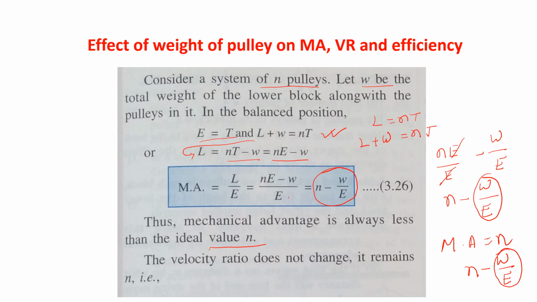So it remains N. But the mechanical advantage is decreasing. It is not N now. There is a factor W by E which is subtracted from N. So that means I am not getting the efficiency also 100%.